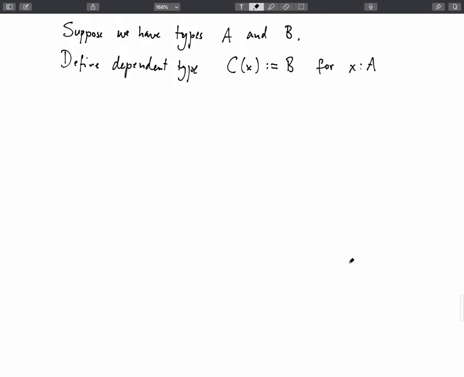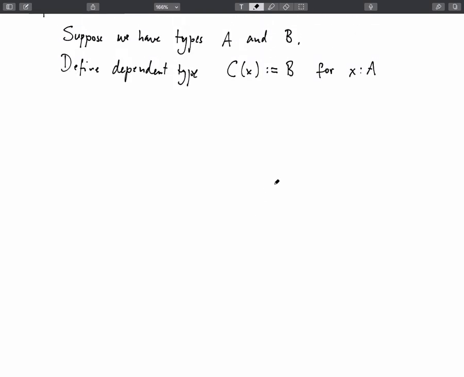What did I just do in terms of fibrations and spaces? Well, in terms of fibrations and spaces, I created the trivial fibration. Here's A. Here's B. Where's C? Well, C is just going to have always the same fiber.